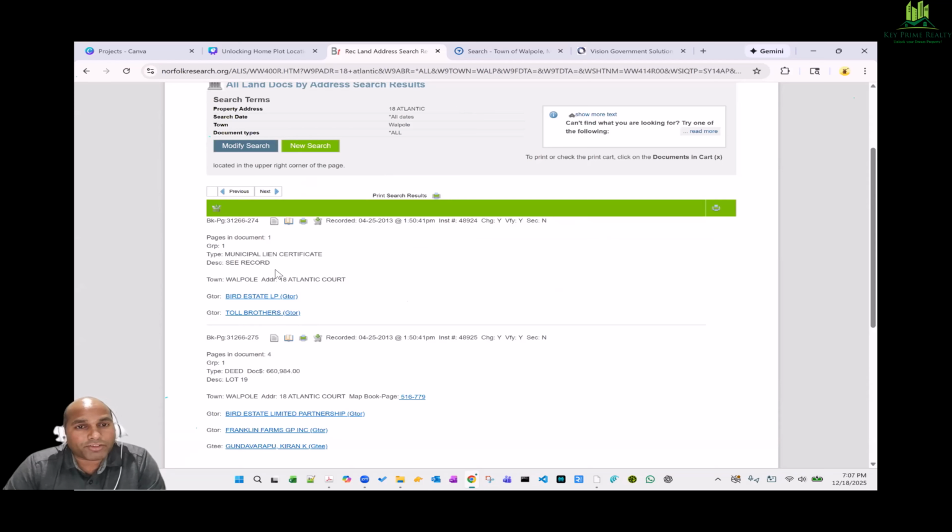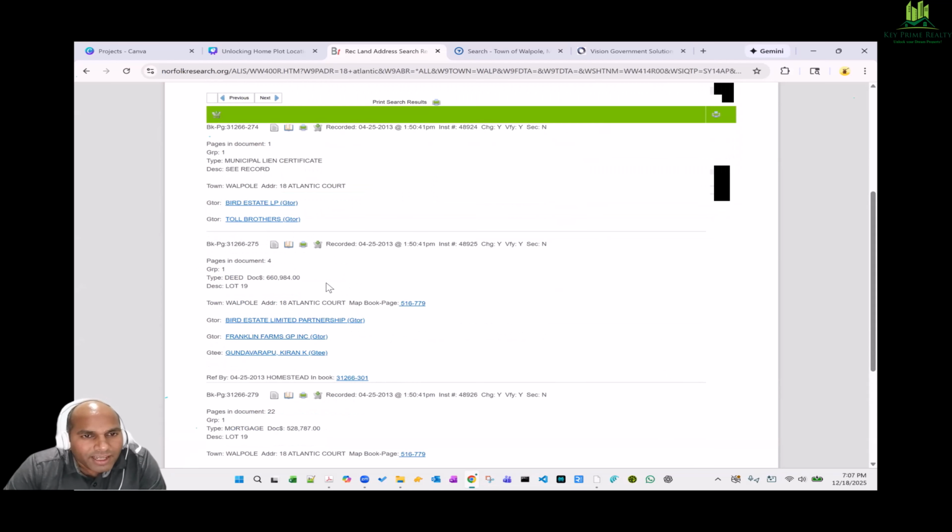So back in 2013, I think there's a municipal lien certificate, with a grantor and a grantee. The lien certificate was back there, and I think probably it has been revoked since then. And then there's a 2013 property that changed hands. There is a deed that was conveyed by the grantors. These guys have sold the property to this grantee. This guy bought from these, right?